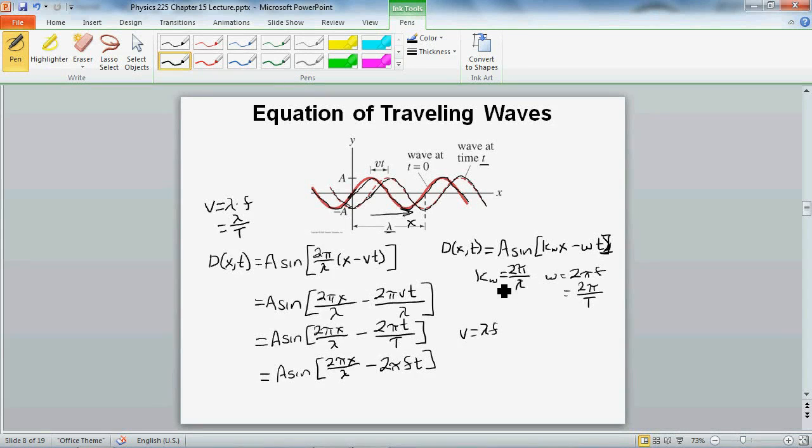And if I swap k of the wave and lambda, I'm going to get 2 pi over k of the wave, and frequency is just equal to omega over 2 pi, and that just tells me that the velocity is omega divided by the k of the wave.